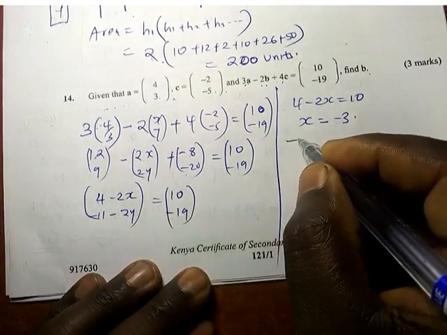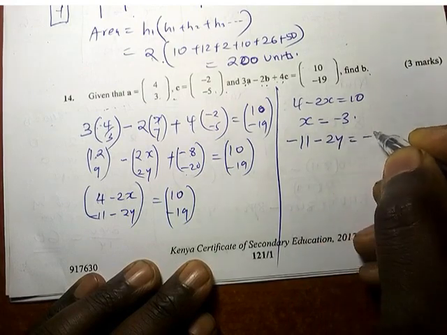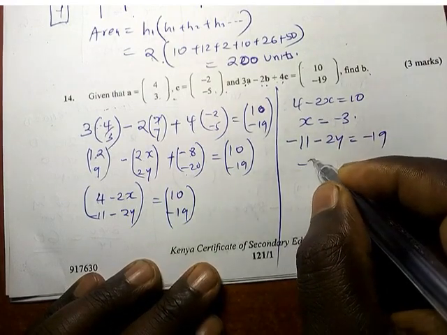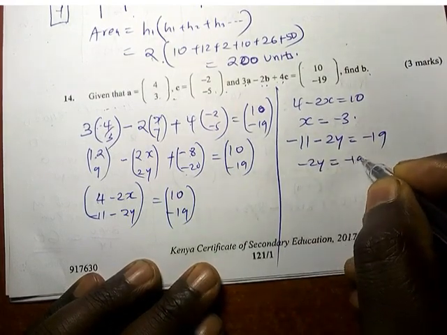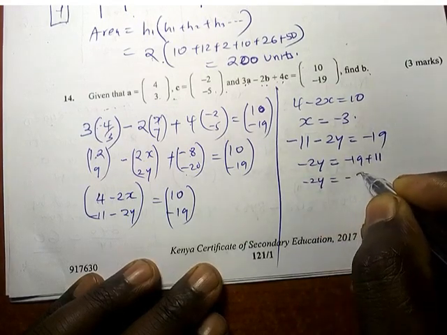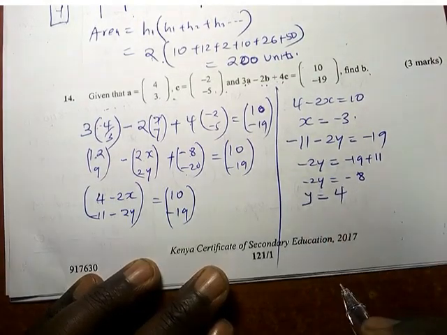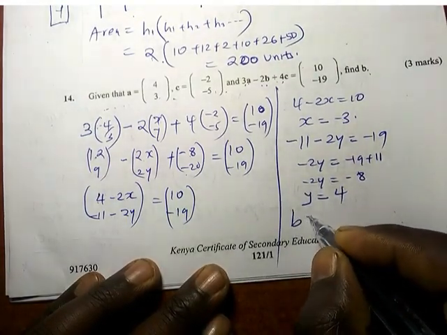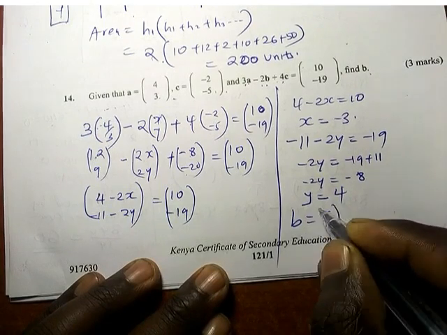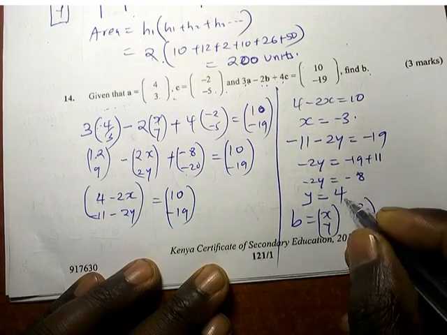We take the one below, negative 11 minus 2y is equal to negative 19. Negative 2y is equal to negative 19 plus 11. Negative 2y is equal to negative 8. So y equal to 4. So the value of b, which we gave xy, is negative 3, 4.